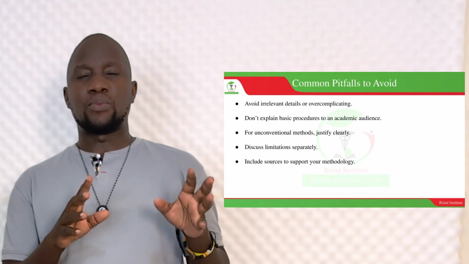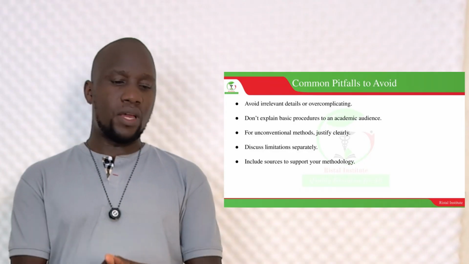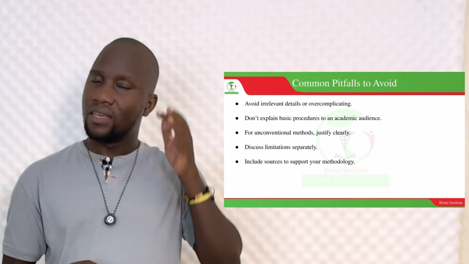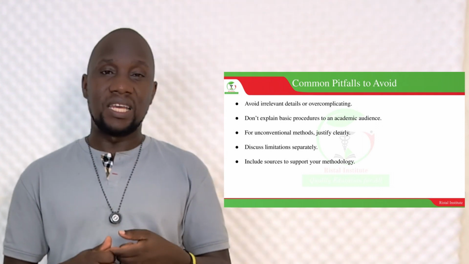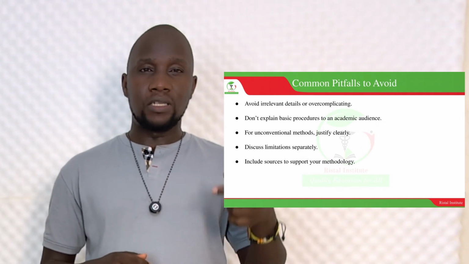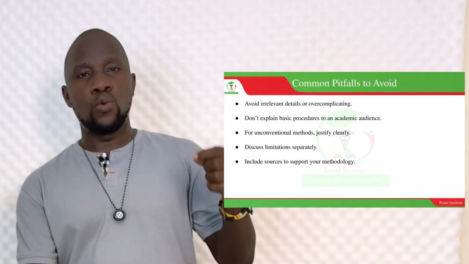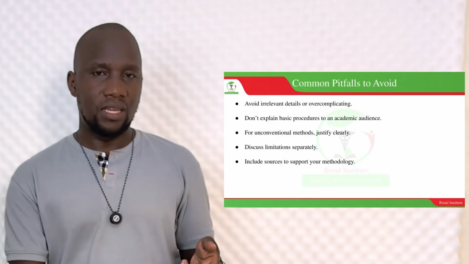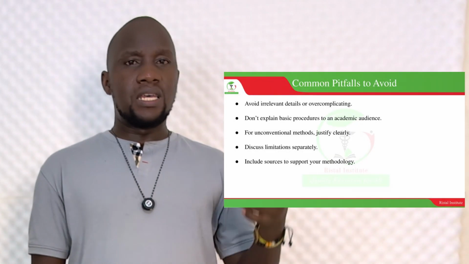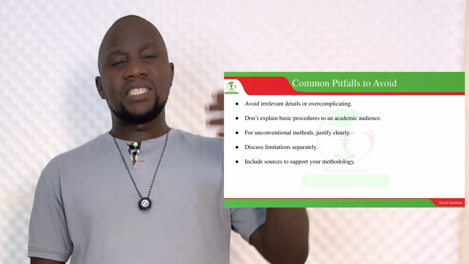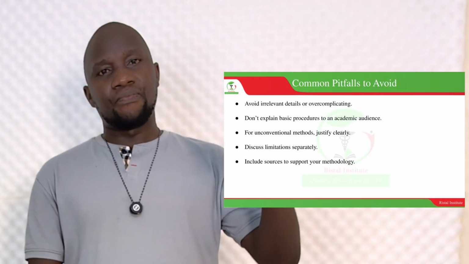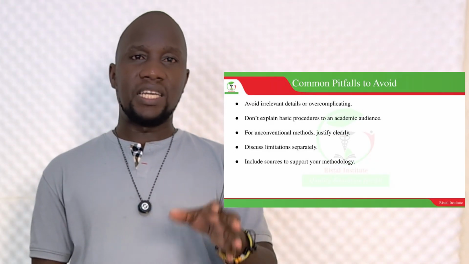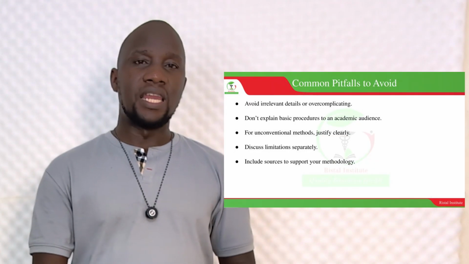If you're going to follow procedures that are not very common, the ones we are terming unconventional methods, please justify why you're choosing those methods. It's not a must that you should do what other people have been doing. That's not how it is. But if you're deciding to do what other people have not been doing, then please make sure that you explain and justify why you're doing it that way.